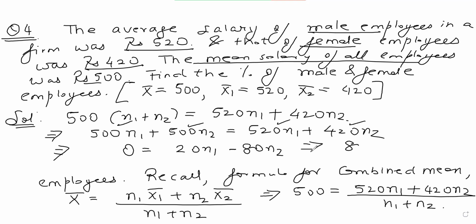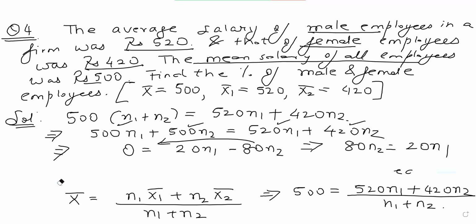So this implies 80 N2 is equal to 20 N1. Bringing this to this side, N1 divided by N2 is 80 by 20, which cancels, and N1 by N2 is 4.